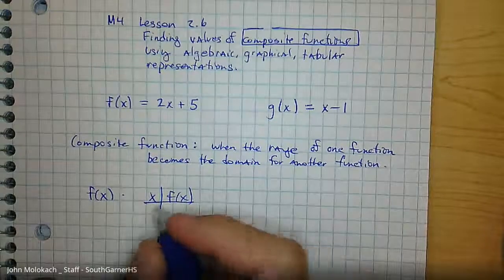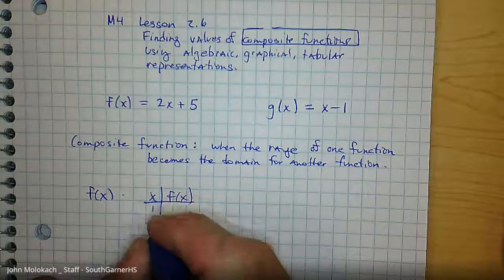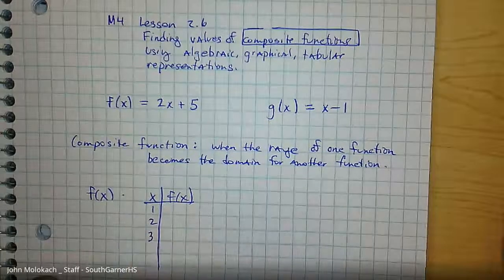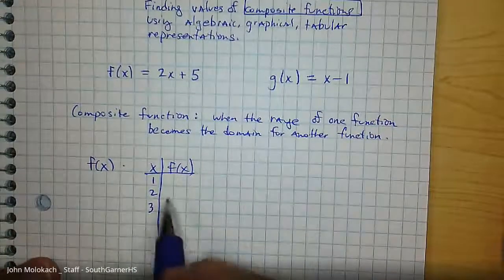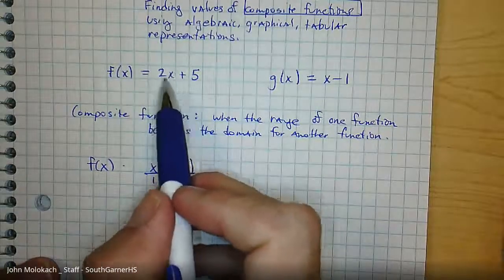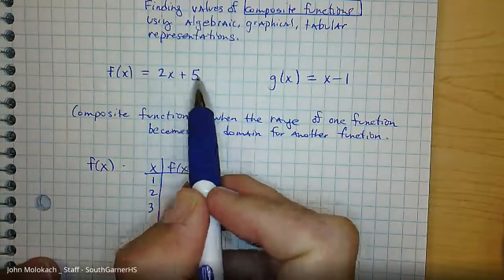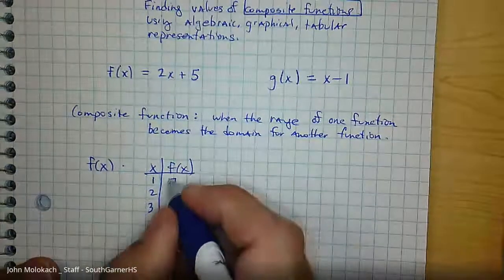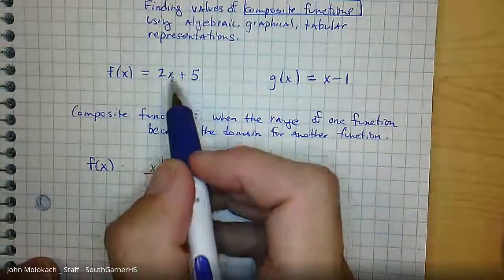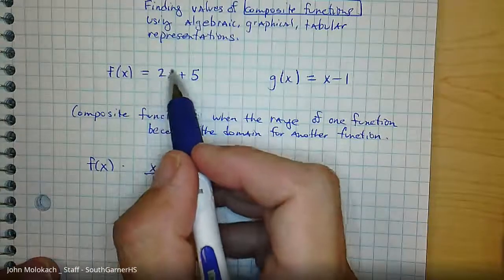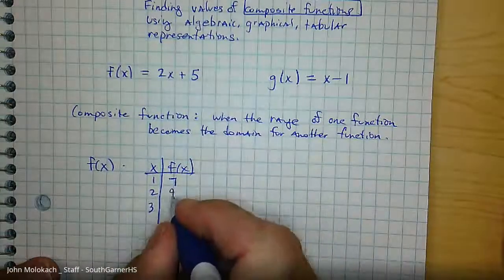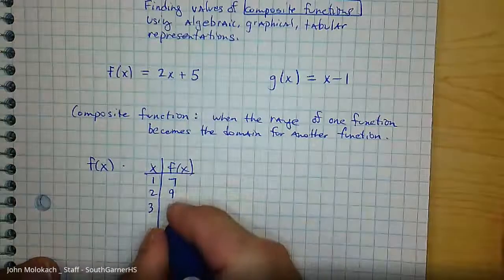All right. So we'll put some numbers in, just 1, 2, and 3. Okay. When x is 1, we can put 1 in the place of x and do 2 times 1 and then add 5 and we get 7. Same thing with 2. We can input 2 into the place of x. 2 times 2 is 4. 4 plus 5 is 9. If we put 3 in, we get 11.